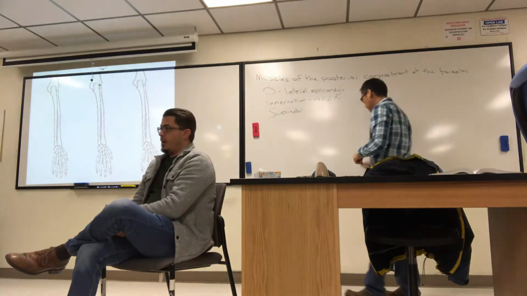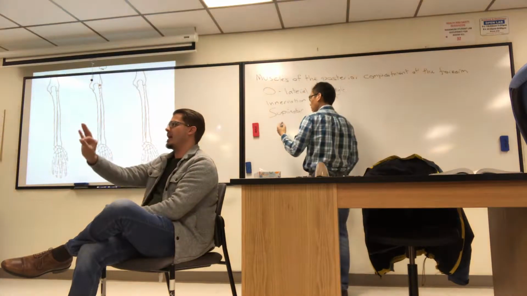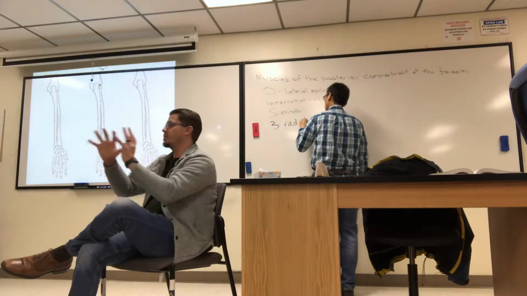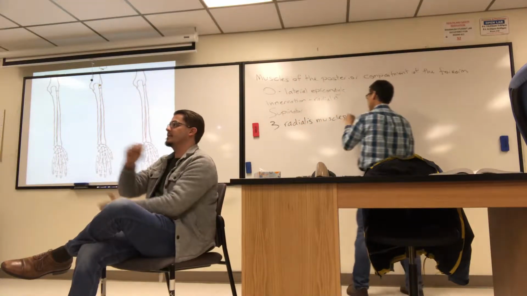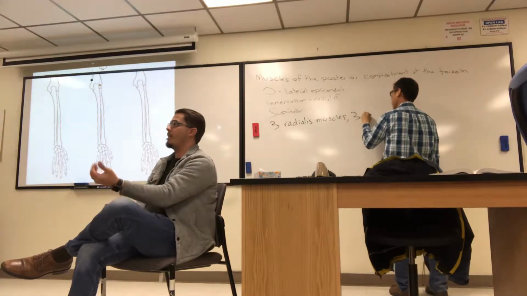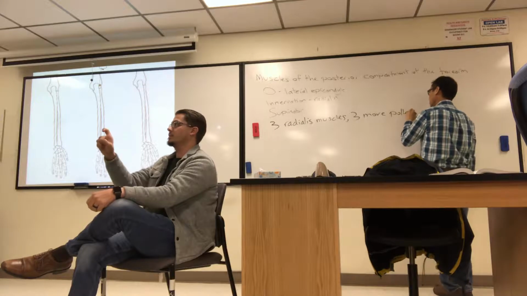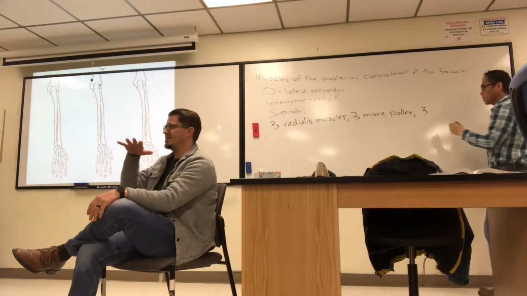And I will think of these other 9 muscles in groups of 3. There are 3 radialis muscles. There's 3 that move the thumb, the pollicis. And there's 3 that extend wrist and digits.